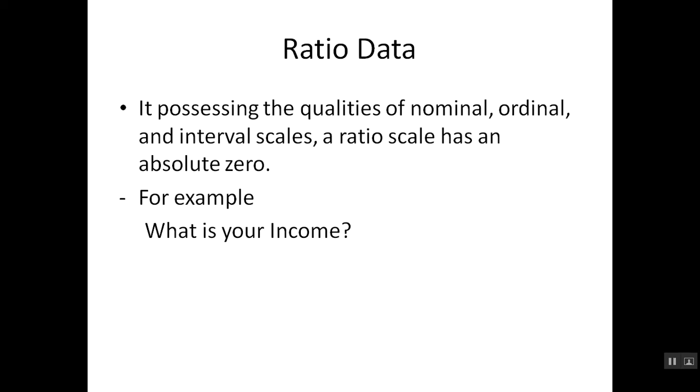In some books it's also called nominal scale, ordinal scale, interval scale, ratio scale. I'm using the term data, so there is no difference. If you understand that, you understand that also. Now, in ratio data, 0 is absolute and 0 is defined.